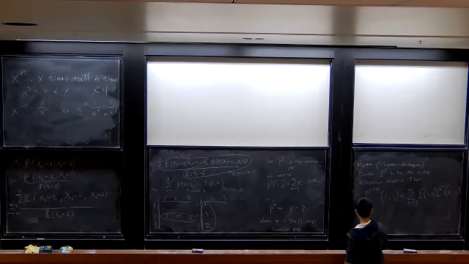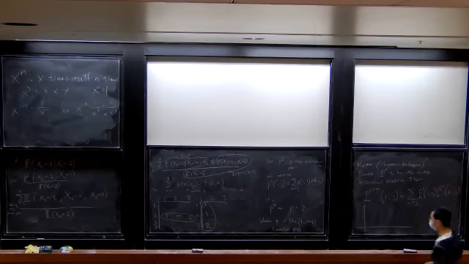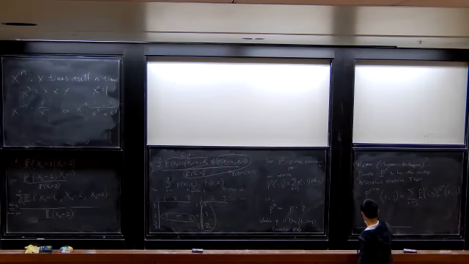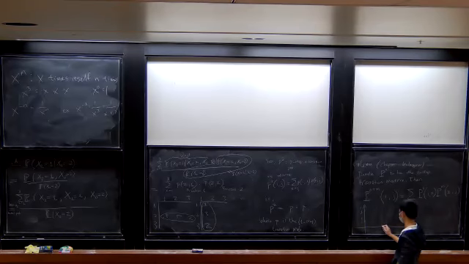So this can be seen intuitively by the fact that, say this is i, and say this is j. Let's say this is n, and this is n plus m.